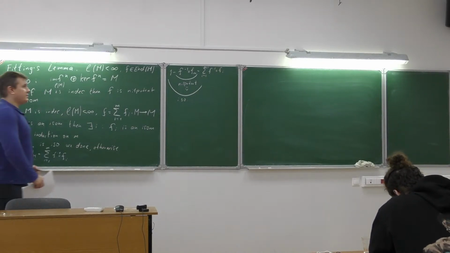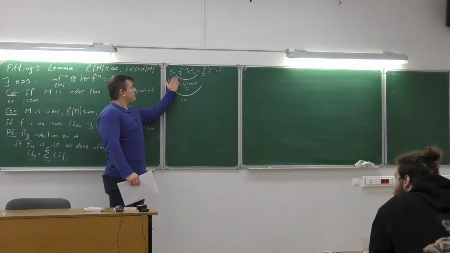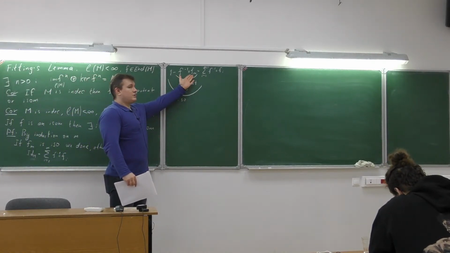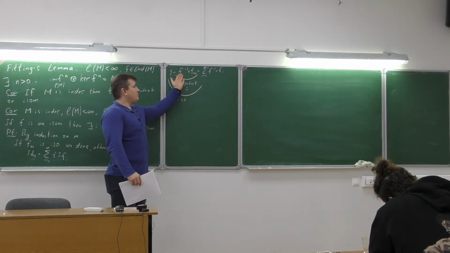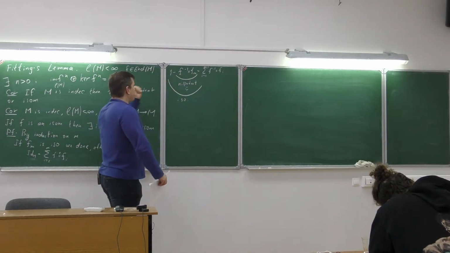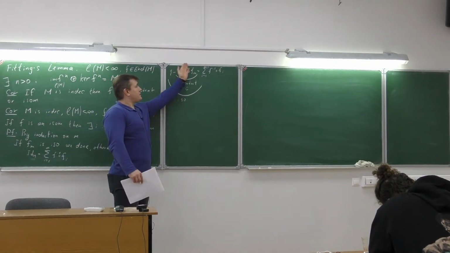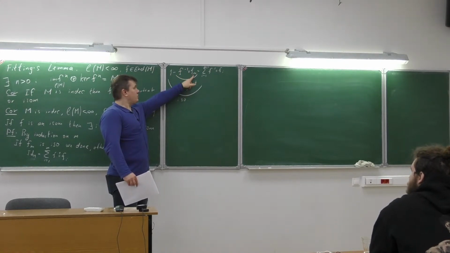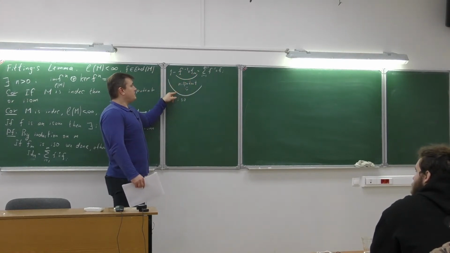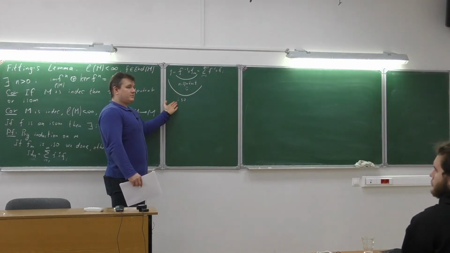Okay, is it clear? Observe that I know that f_m is not an isomorphism, right? So then I want to say that this map is nilpotent. Well, for this map I have two options by this corollary. This could be an isomorphism, and if this composition is an isomorphism, then f_m has to be an isomorphism, which is not the case. So this has to be nilpotent, and 1 minus nilpotent is always an isomorphism.